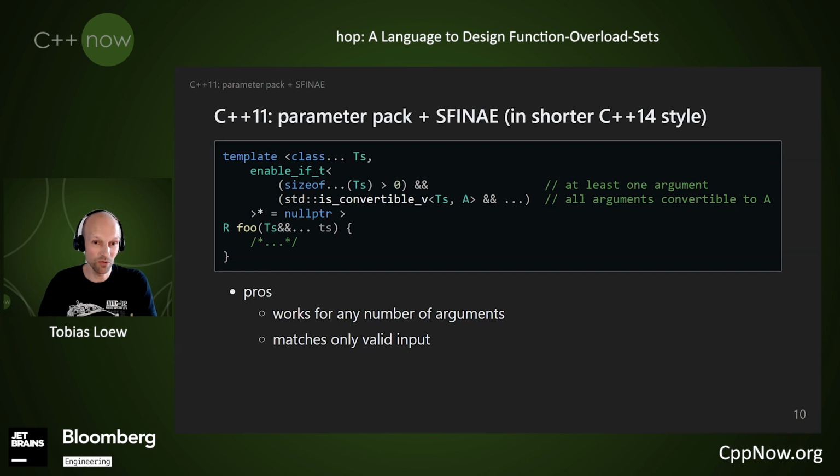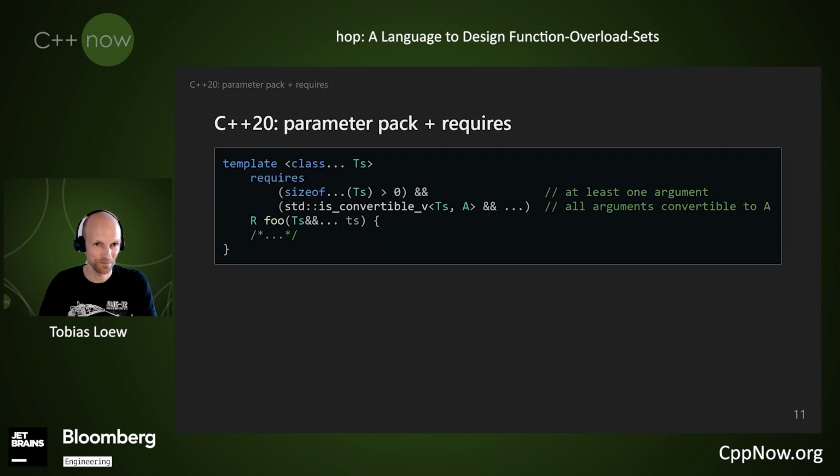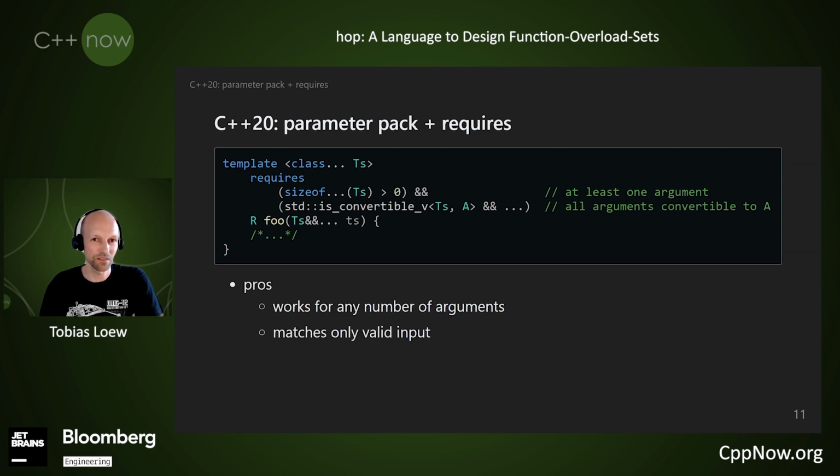It will match only valid input, and cons are none, at least so far. And the same we can do with C++20. And instead of the SFINAE condition, we use a requires clause. And again, the same as for the SFINAE condition. It works perfect.